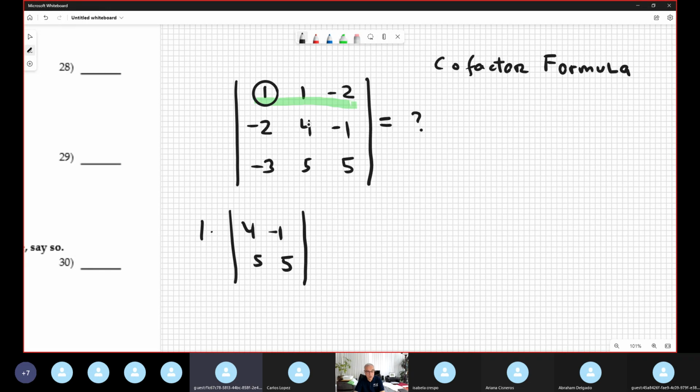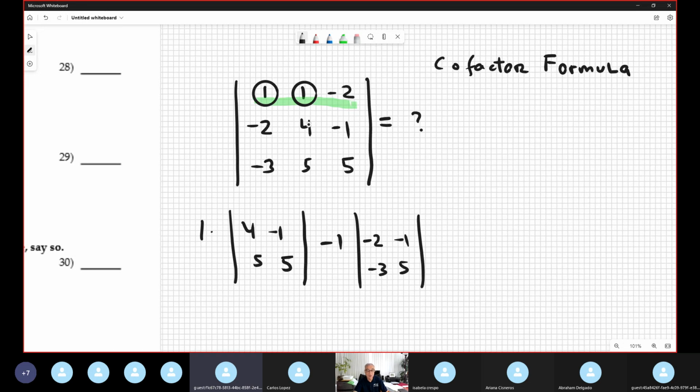The confusing part is when you select the next number inside the row, okay, you make a decision to expand. This is -1 because the sign is alternating: plus, minus, plus, minus. And the cofactor includes the sign. One cofactor is positive, another cofactor is negative, and so on. So now it is -2, -1, -3, and 5.